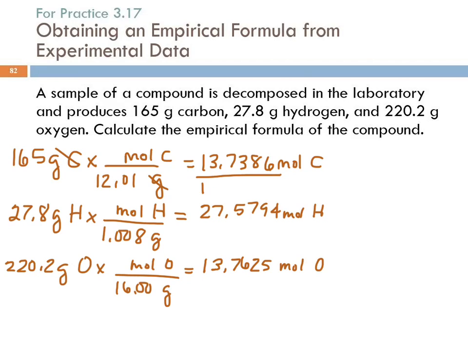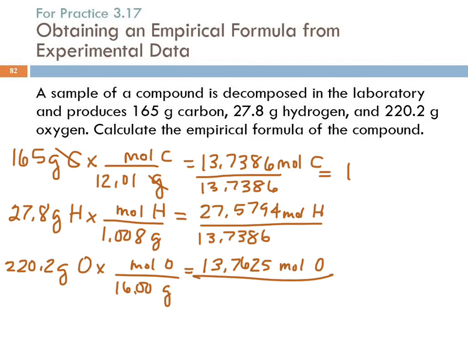So I'm going to divide this by 13.7386. Well, that's easy. I don't even need a calculator for that. That's 1. We have to do the same thing to each of them or we're going to mess up the ratios.